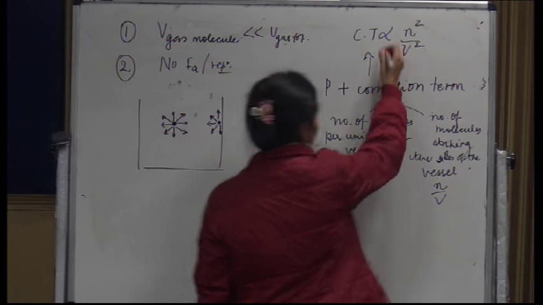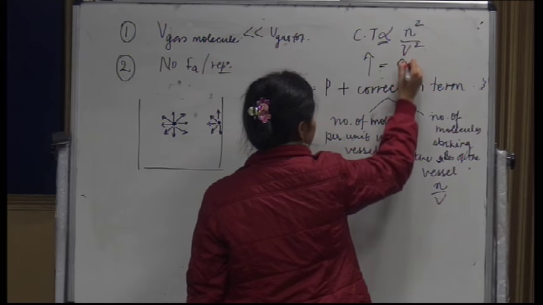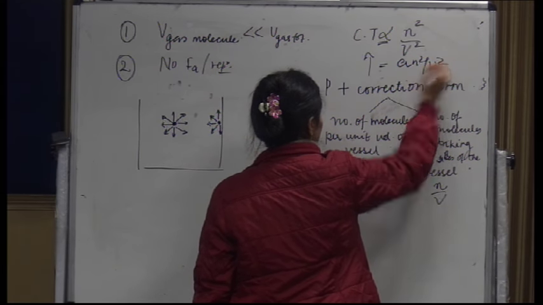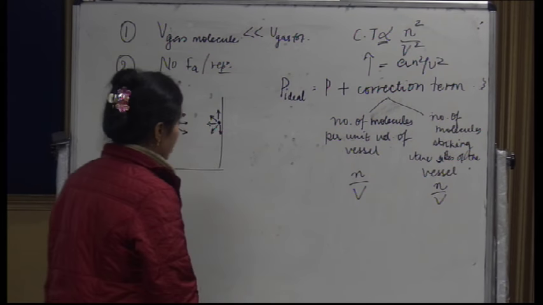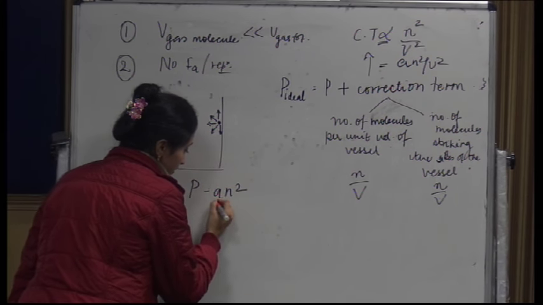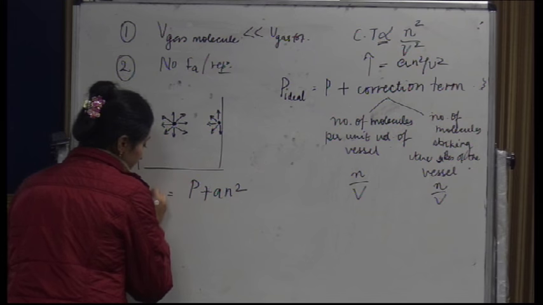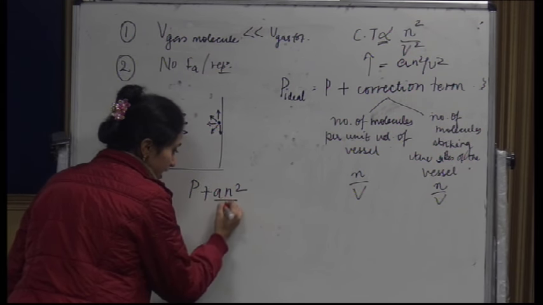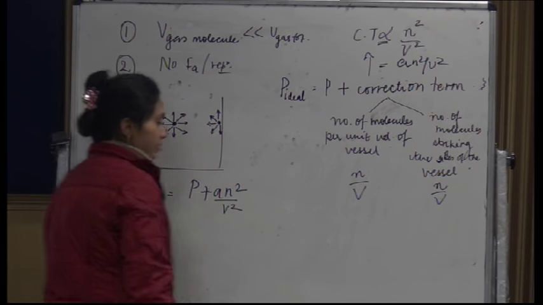And when I remove this proportionality sign, I get a constant A. So I have my P ideal equal to P real plus A N square by V square.